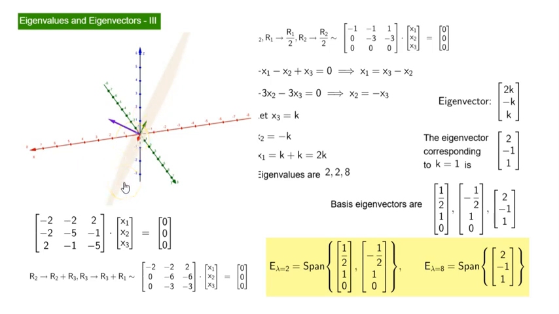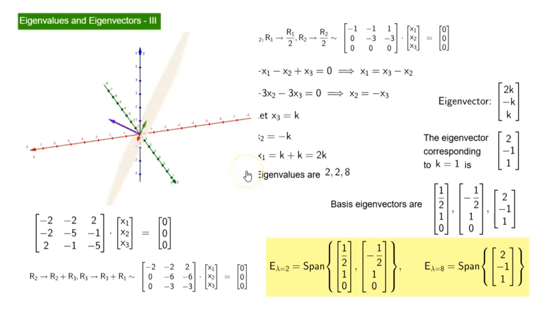That means its eigenspace would be all possible linear combinations of these two vectors, which we call the span. So the eigenspace for lambda equal to 2 is the span of these two basis vectors. And the span of these two basis vectors would be this plane. Similarly, the eigenspace for lambda equal to 8 is the span of this vector, which will be a straight line passing through the origin.